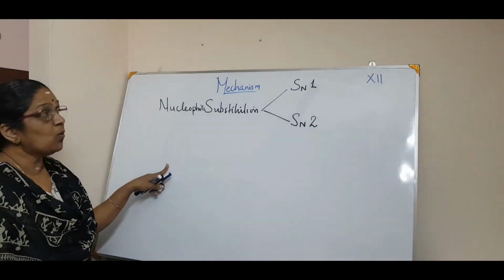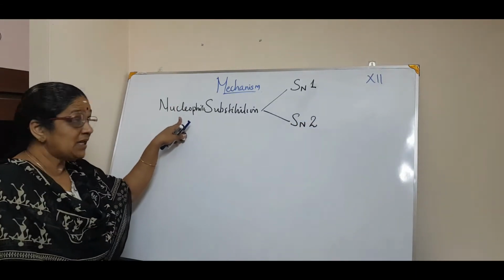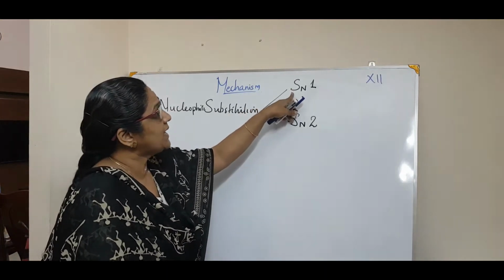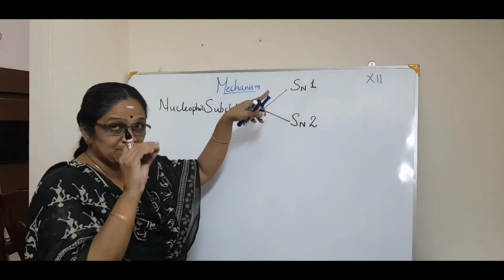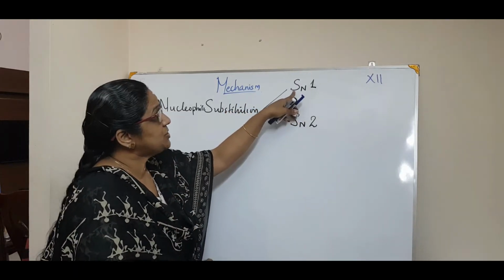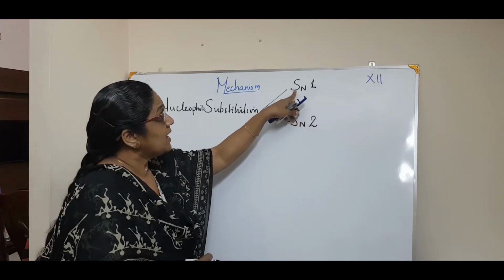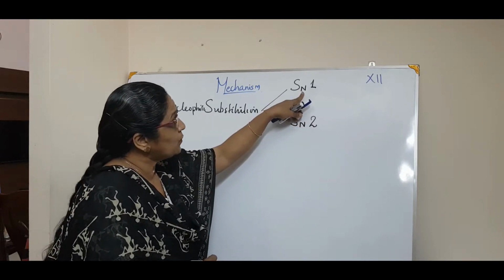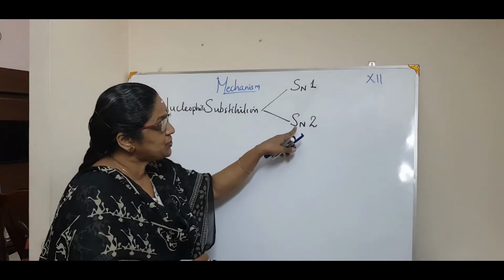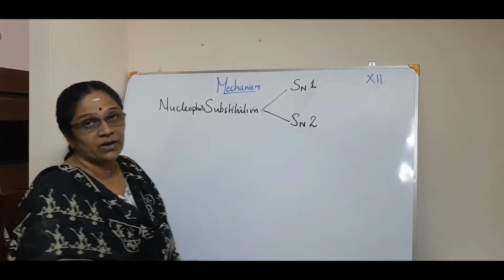See how I wrote it? You say nucleophilic substitution, but you will be writing SN, with N a small n. Then the 1 means this is read as substitution nucleophilic unimolecular, and this is substitution nucleophilic bimolecular.